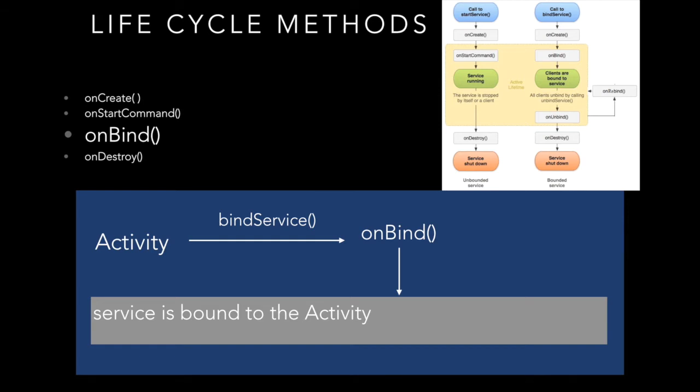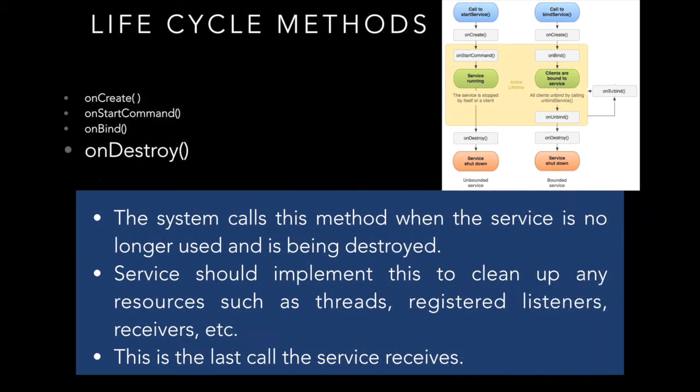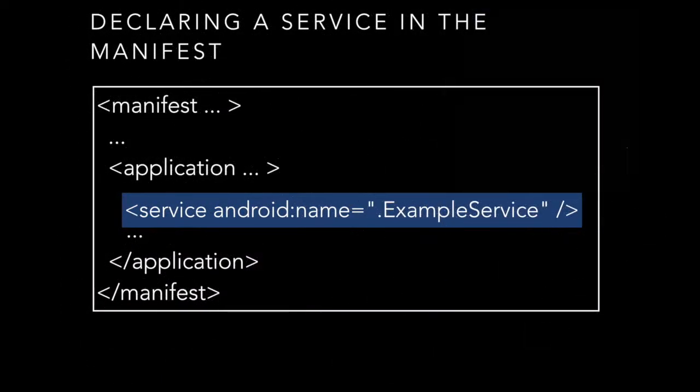From the activity, we have to call only bindService, no need to call startService. So bindService leads to the invocation of onBind. At that time, we can see that the service is bound to the activity. Then finally, in the onDestroy, you can perform some cleanup activities, and this is the last call the service receives.